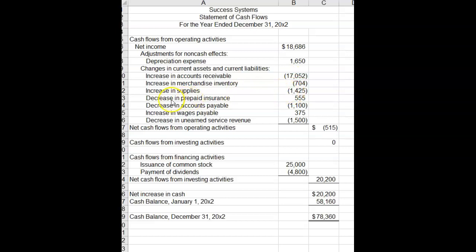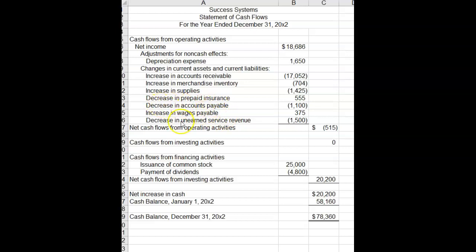Rule number 2, prepaid insurance actually decreased. It had the opposite effect of being added back to net income. Then rule number 2, changes in current liabilities will have a direct effect on net income.